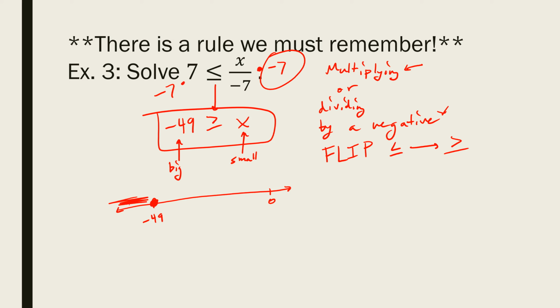Small numbers are to the left, so really I need to shade this way. So don't just look at the greater than or equal to sign and say, oh, greater than, that's to the right. You have to look at where x is. Here, x is clearly the smaller number. All right, so be careful about that.